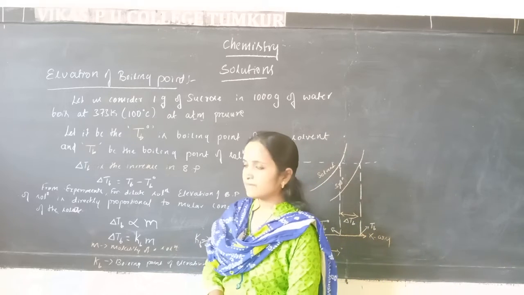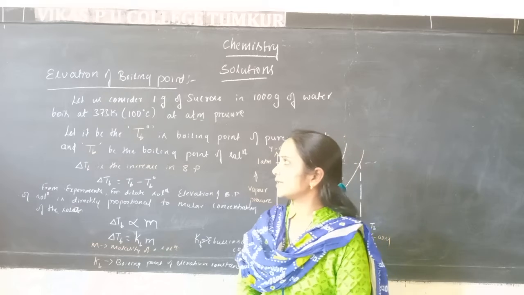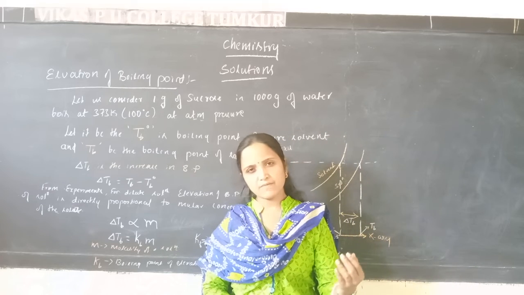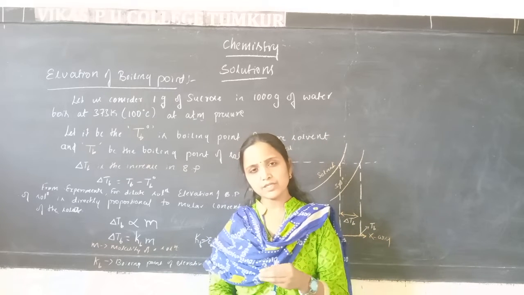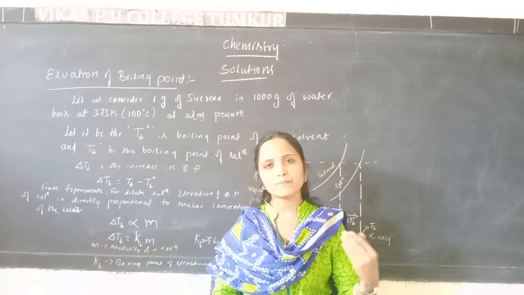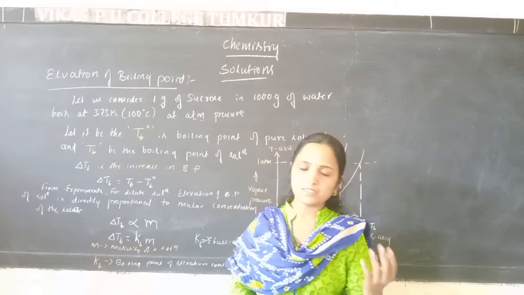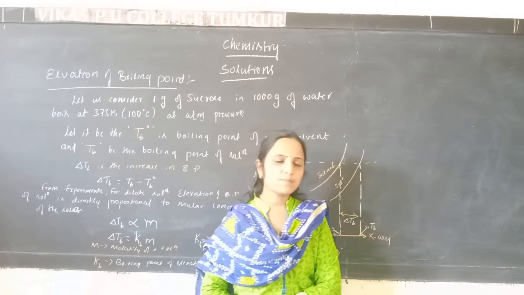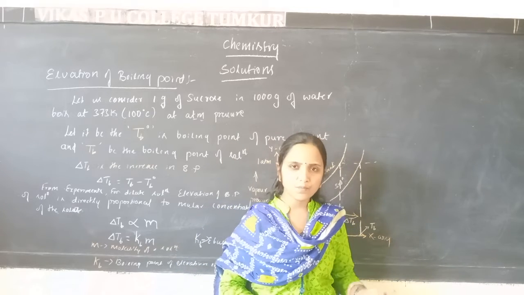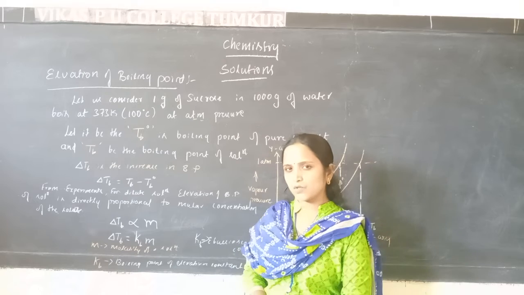We know that the vapor pressure of the solution is lower than the vapor pressure of the solvent. Otherwise we can say that the boiling point of the solution is higher than the boiling point of the solvent.